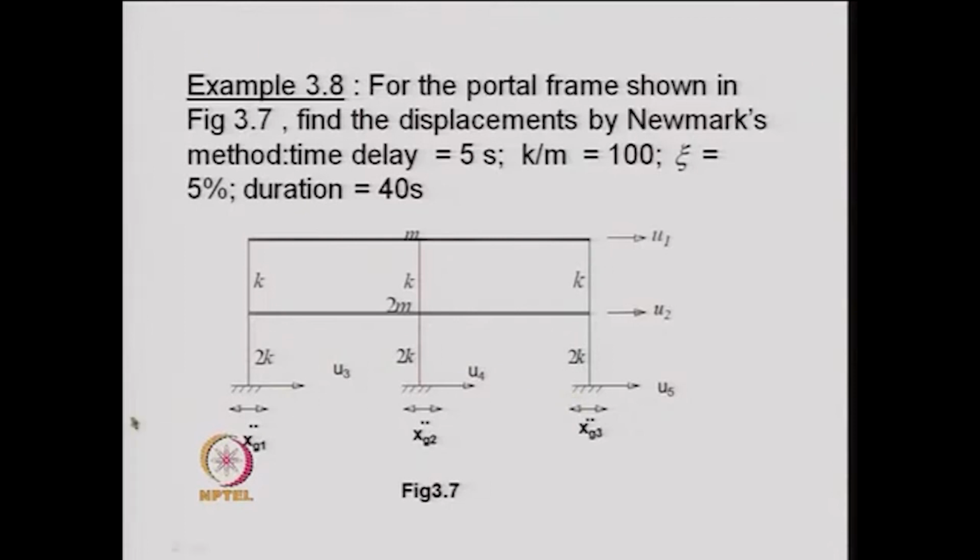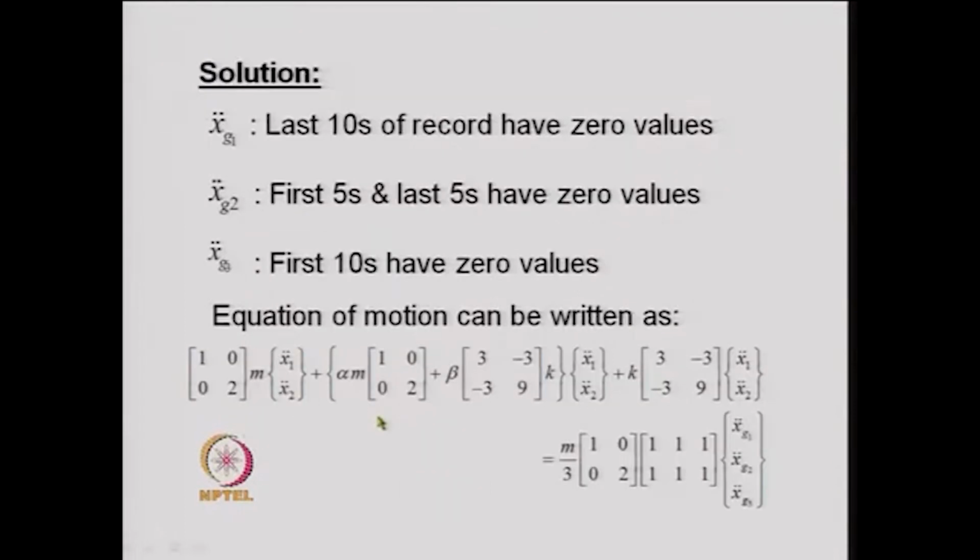In the middle case, the first 5 seconds and the last 5 seconds have 0 values, and in between we have the 30 seconds of the ground motion.